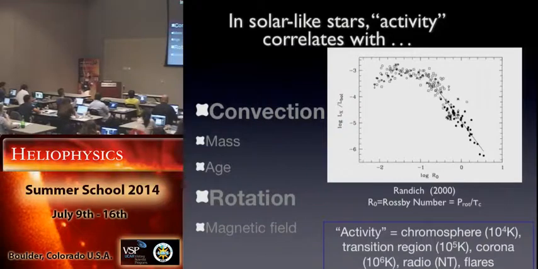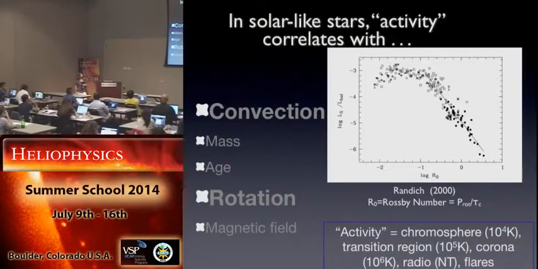This graphic is showing log L_X against log Rossby number for all the sun-like stars which have the same chemical composition. This is the X-ray luminosity to bolometric luminosity for main sequence stars, so not just solar-like stars.